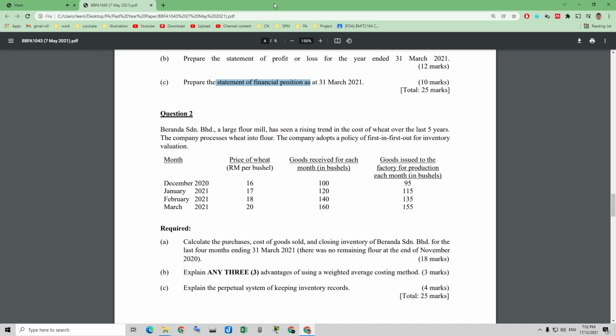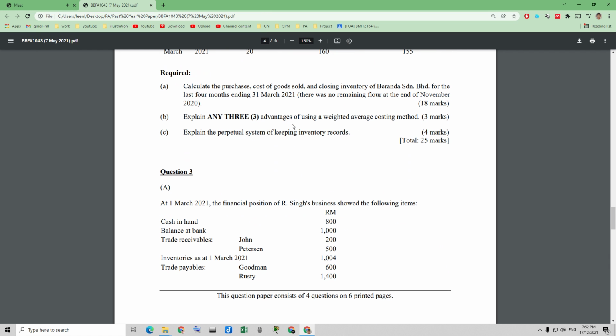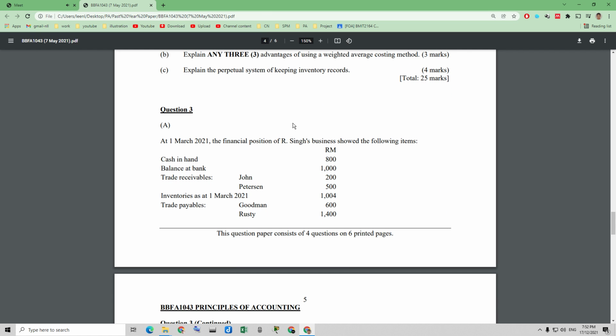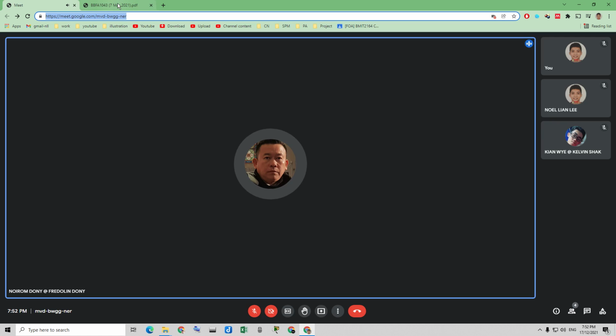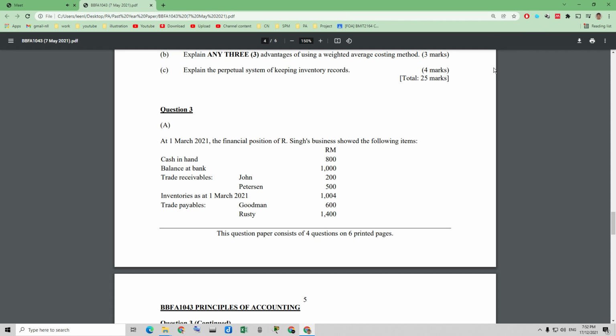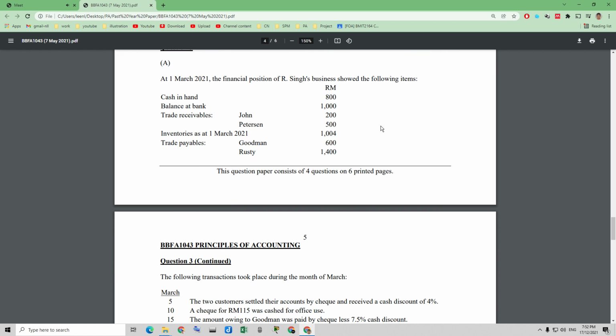And then next one, chapter 7 will be trade receivable. So this one, you need to know how to record bad debts, how to differentiate bad debts and doubtful debts. Bad debts is confirmed debts. Doubtful debts is an estimate of trade receivable likely not making a payment.